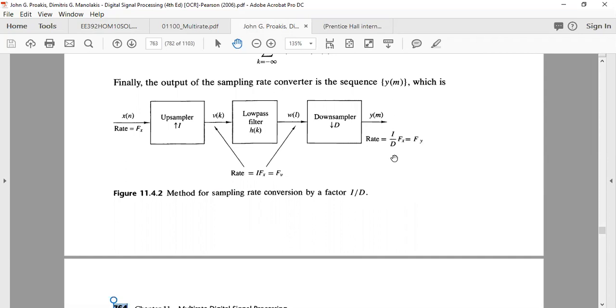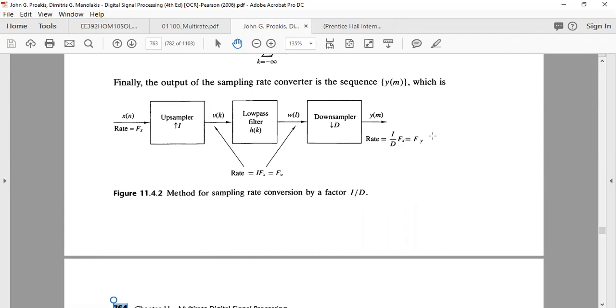If you are at the first stage, just omit this d, and we'll be just reading I f of x is equal to f of y. If we are just dealing with the downsampler, just omit the I, and we're left with f of x upon d is equal to f of y. Those are the simple things that we will be assuming.